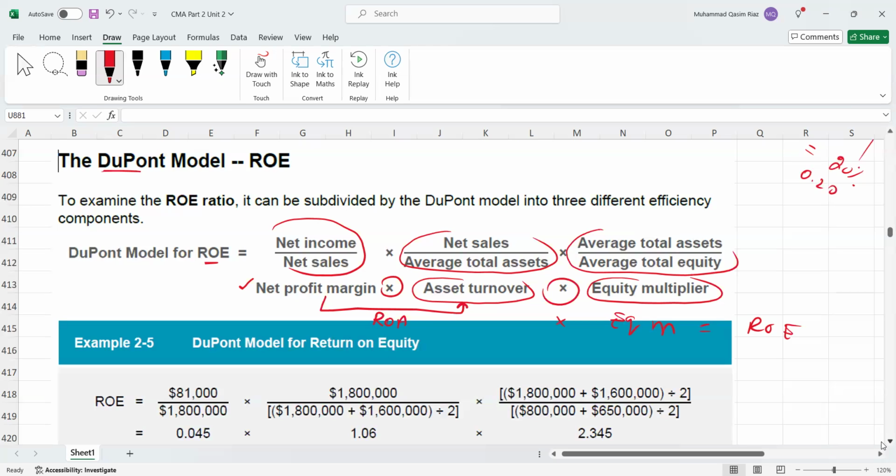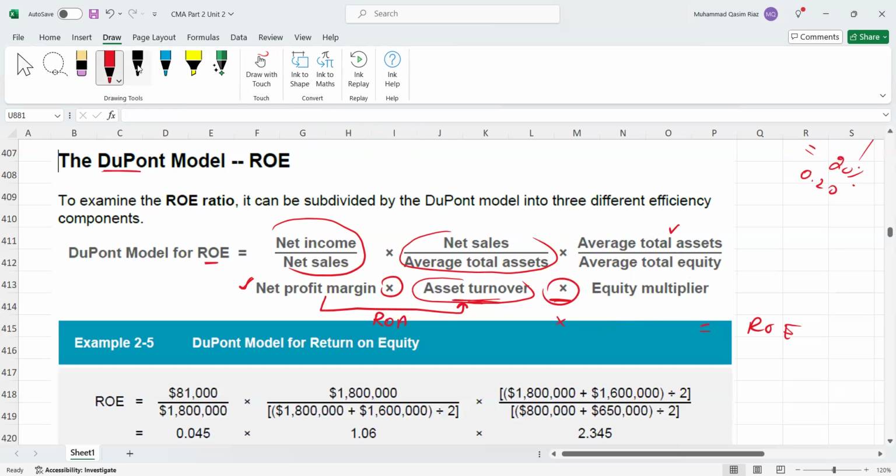So three things we have now: net profit margin, multiply by asset turnover ratio, multiply by equity multiplier. So how to calculate equity multiplier, which is the new thing here. This is the formula for equity multiplier. We always need average total assets.